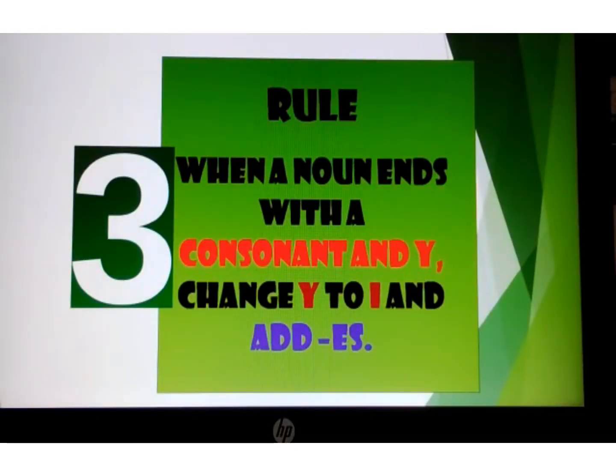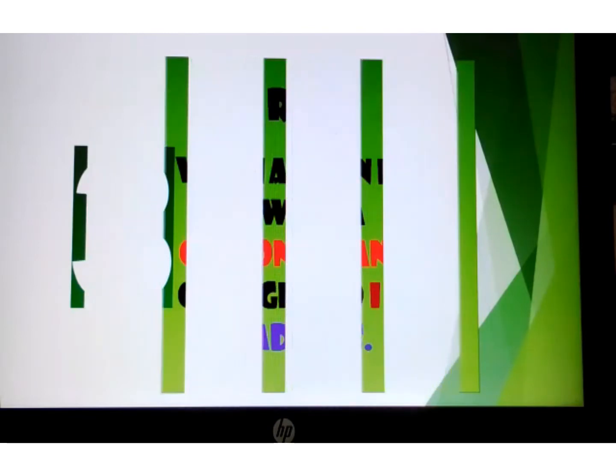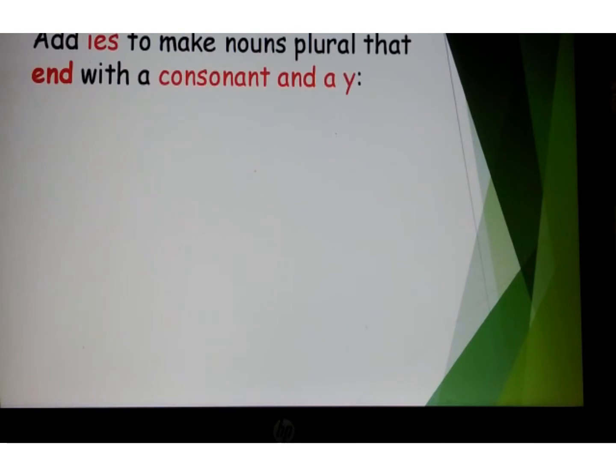Third rule, it says when a noun ends with a consonant and Y, change Y to I and add ES. So add IES to make nouns plural that end with a consonant and a Y, like lady.